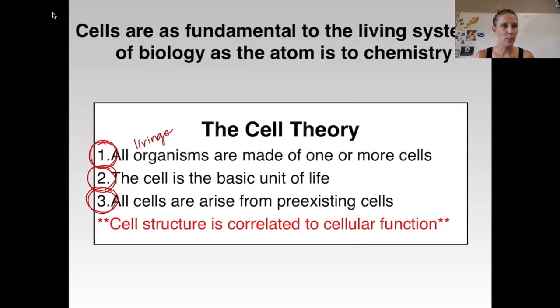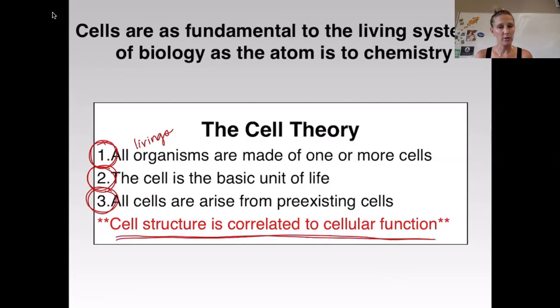So you might say, well, wait a minute, how'd the first cell come about then? All right, and we're gonna talk a lot about how the first potential cell, the first protocell came to be in another section, right?